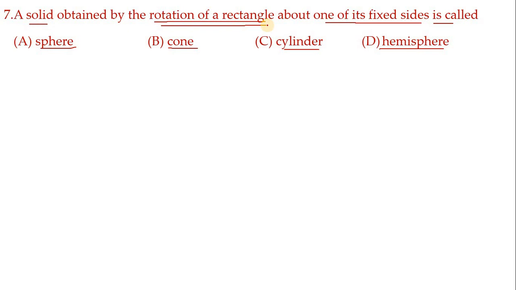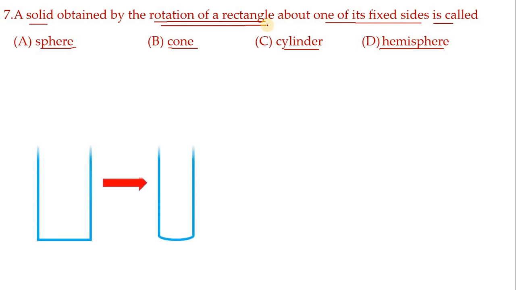Imagine you have taken a sheet of paper in the form of a rectangle and you are rotating it by fixing one side. Which kind of figure are you going to get? That is definitely a cylinder. So hence the correct option is cylinder.